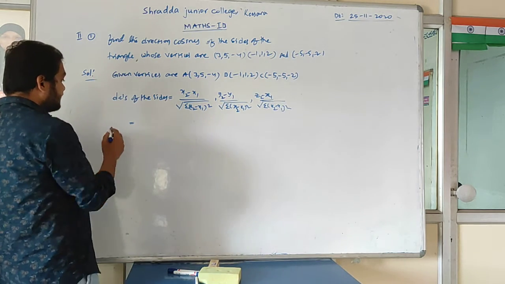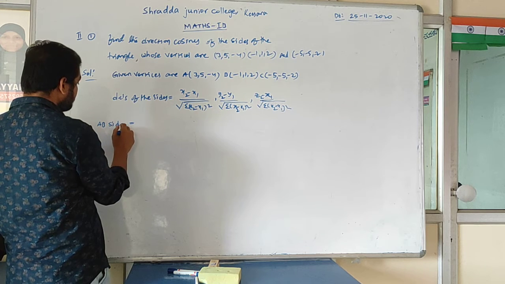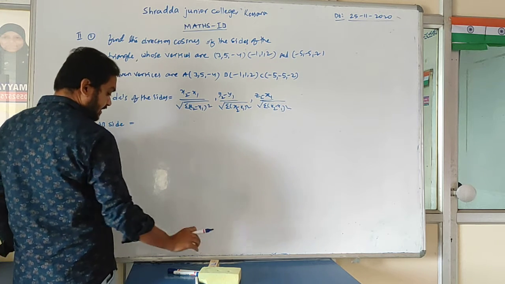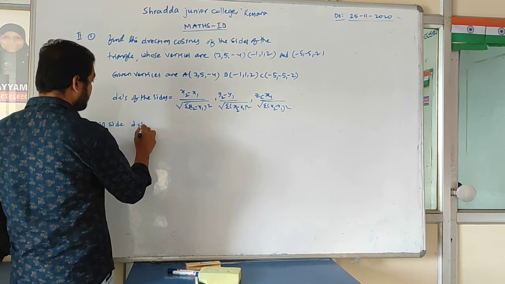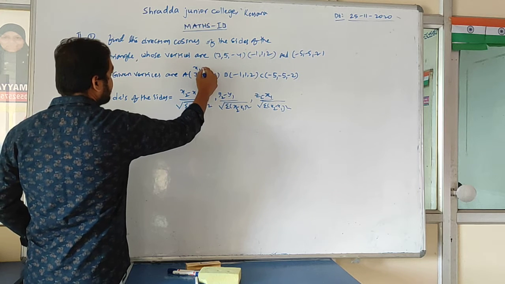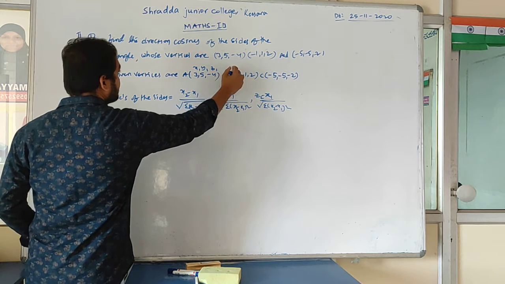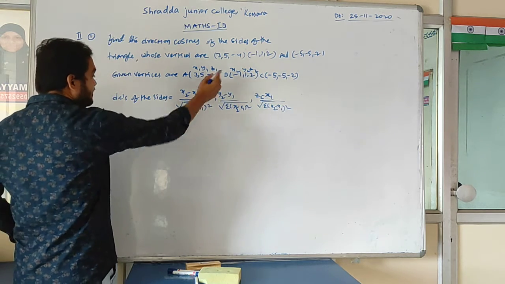See here, take the AB side. The direction cosines of side AB. The vertices of AB are denoted by x1, y1, z1 and x2, y2, z2. What is x2 here?